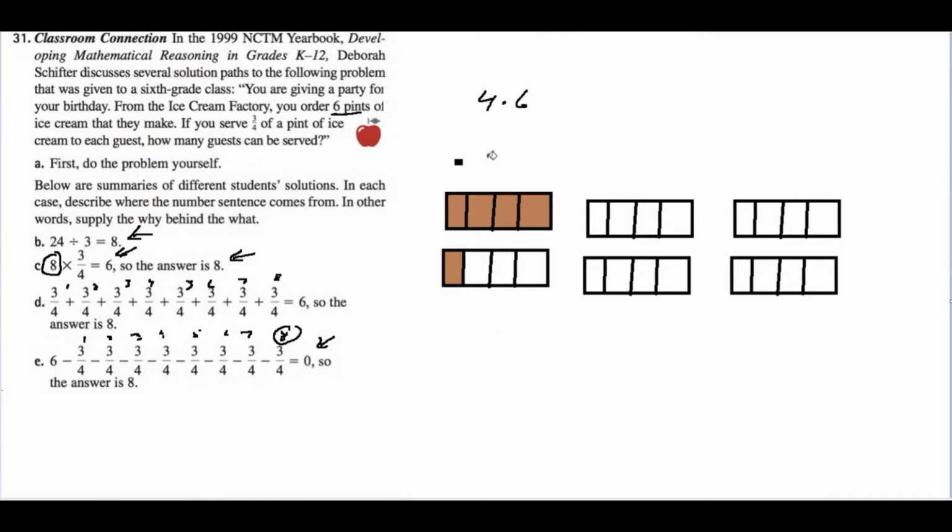Now it would be possible, if you were doing this in a paint program like this, to change the color so that you can see the 3 each time. It'd be easier maybe to count or figure out what you have.